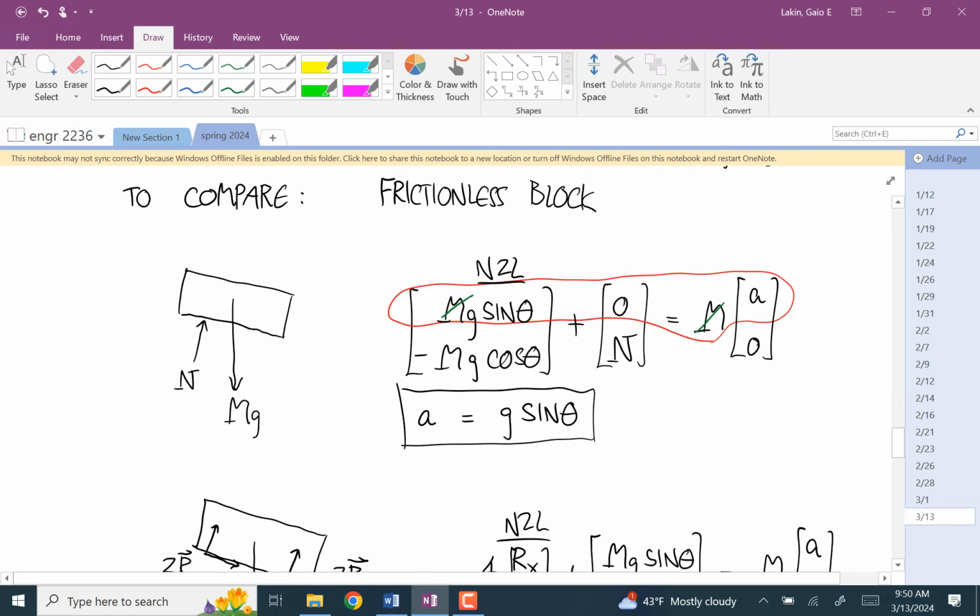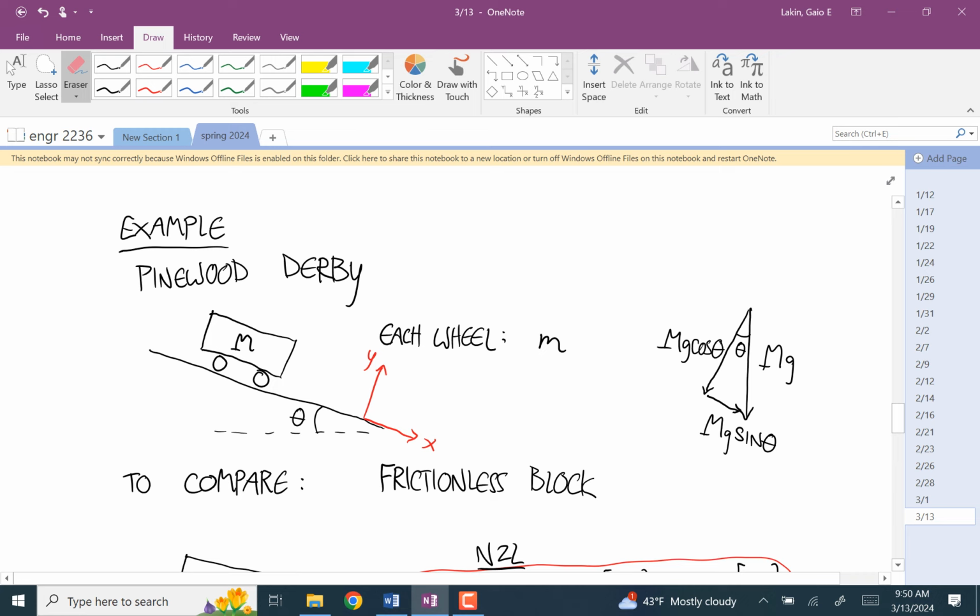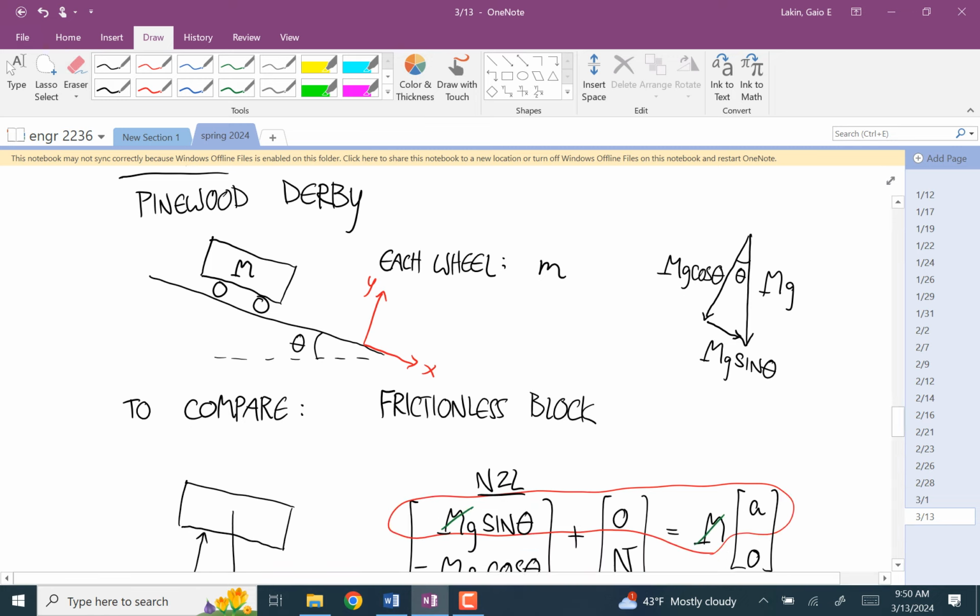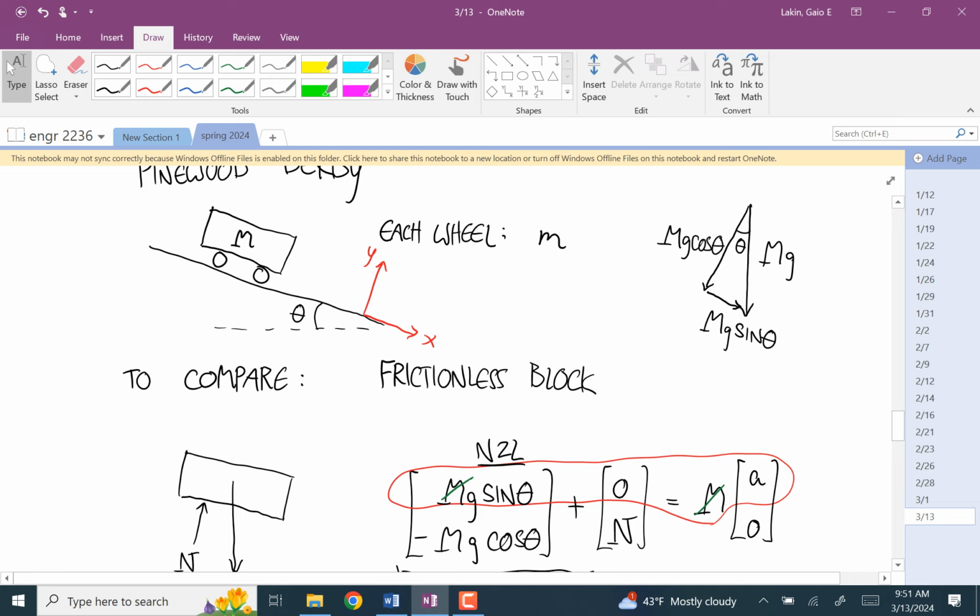We defined each wheel as a mass of m. So that's the mass of a single wheel. But the big M is the mass of the whole thing. So we're going to see this big M over 4 floating around as we start solving this, because that wheel's only taking 1/4 of the mass of the whole thing. But we're going to see the full little m. So that all just comes from how we're setting it up.